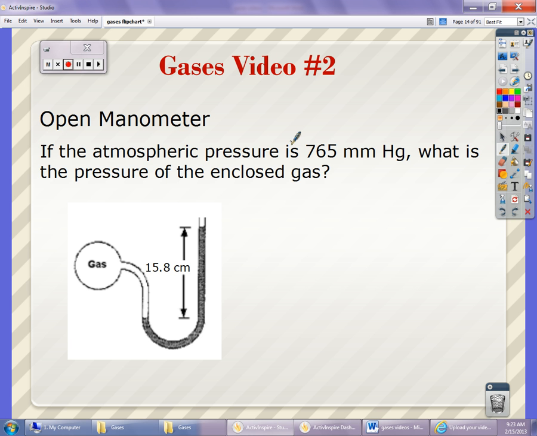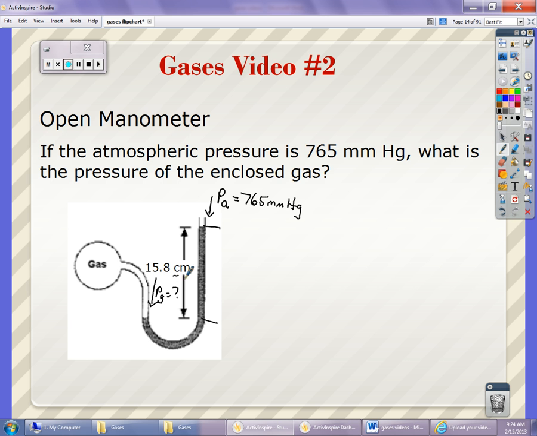The next one, the open one, is different. Same question. If the atmospheric pressure is 765 millimeters of mercury, what is the pressure of the enclosed gas? Now keep in mind here, this height is not the pressure. We have pressure of the air pushing down. So pressure of the air, or the atmosphere, is 765 millimeters of mercury. The gas is also pushing down, but we don't know what its value is. We just know the difference between this and this is 15.8 centimeters.